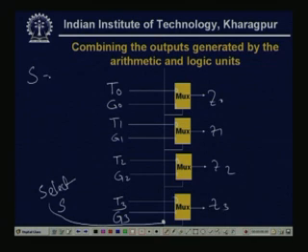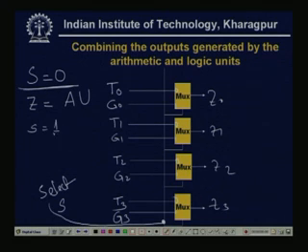If S equal to 0, the Z is the output of the arithmetic unit. If S equal to 1, the Z output is the output of the logic unit. In this way we can combine the arithmetic and logic units using another level of multiplexers.